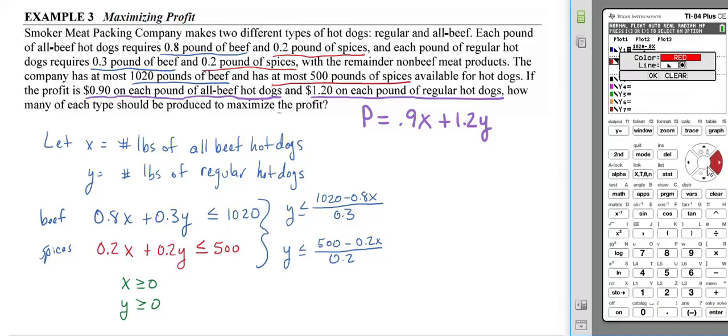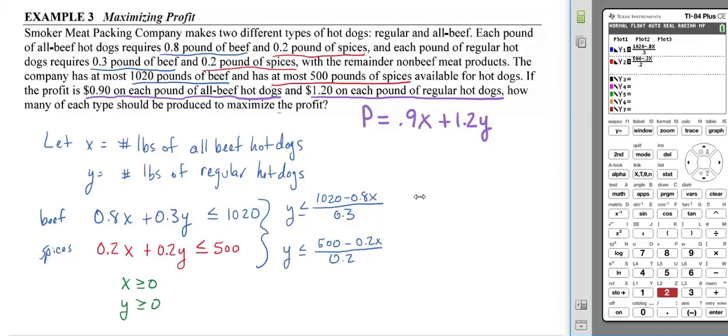I want to shade below. So there we go. And let's get our 500 minus 0.2x and divide that by 0.2. Double check and make sure you didn't make any errors entering that in.